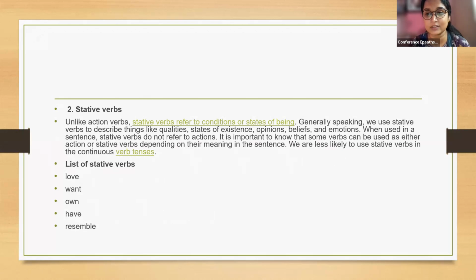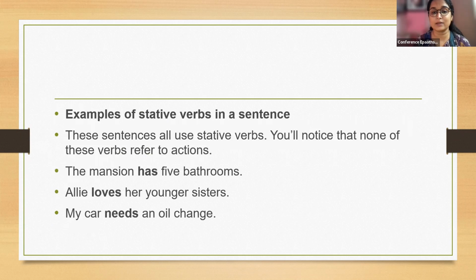If you read these verbs, you can understand that these are not telling about any action. Like I want this. It is a state of being or condition. So these are stative verbs. An example of stative verbs in a sentence: the mansion has 5 bathrooms. So has, this verb, just a second.